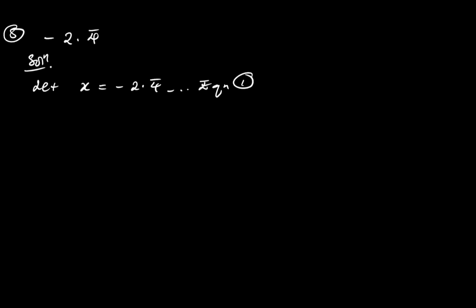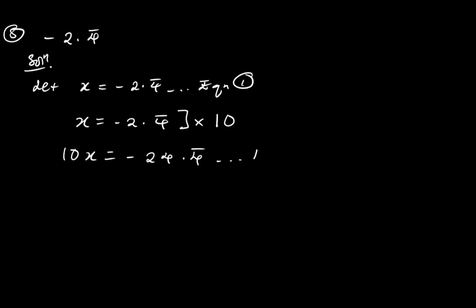Ask yourself, what number will you multiply to push the repeating number to the left hand side of the decimal point, which is 10 in this case. So you have 10x being equal to minus 24.4 bar. And this is basically equation 2.